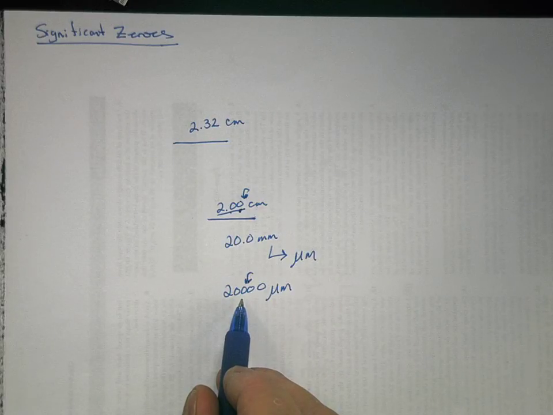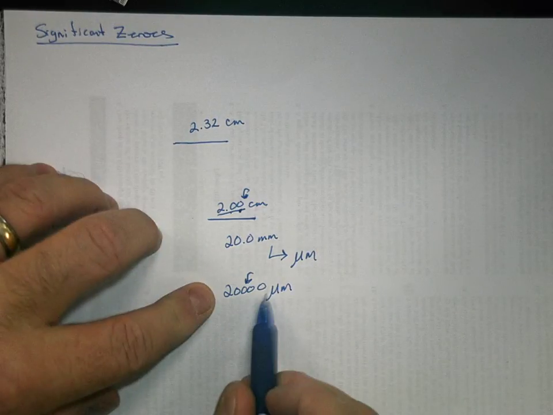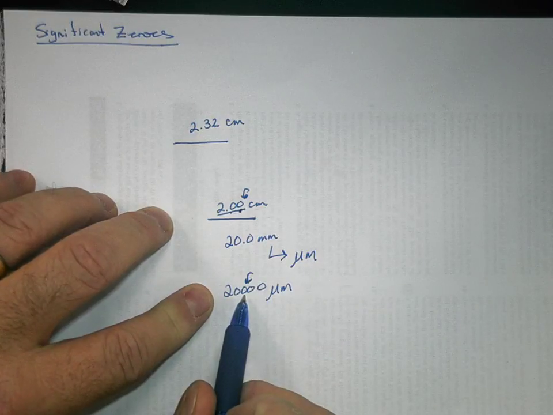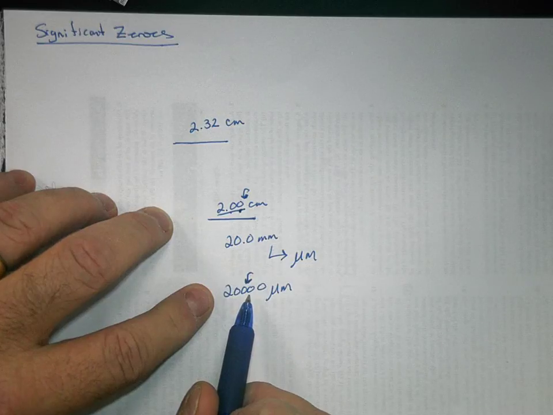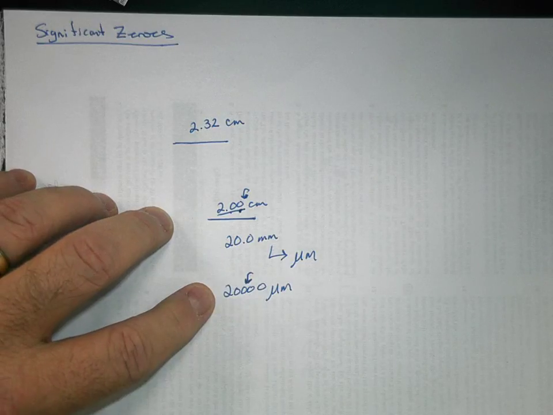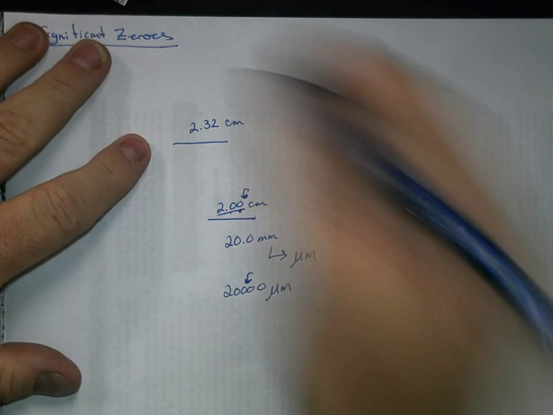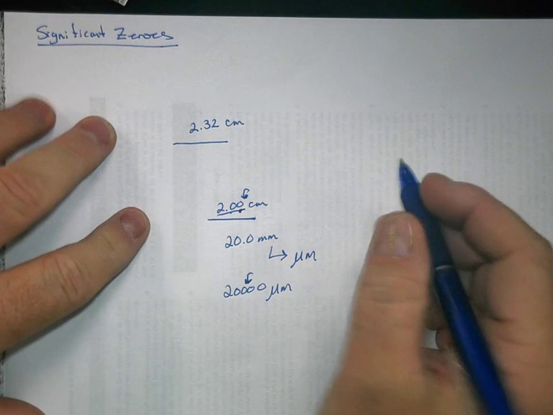Where can I put a decimal, preserve the fact that this is 20,000 microns, but still express that that's the measure of our precision? We have an actual method for that, and we'll get to that in a minute. That's kind of the cumulative thing that we're going to do with today's lecture. So that's the question that we're going to be answering today.